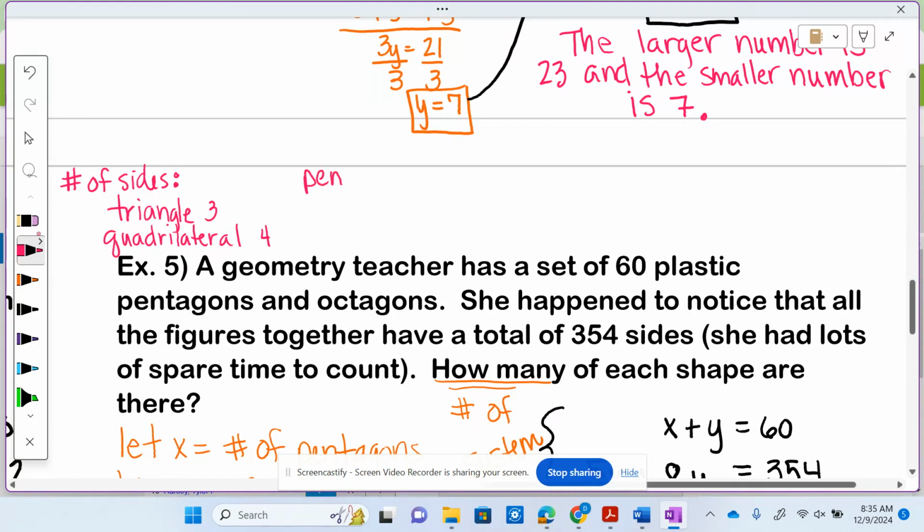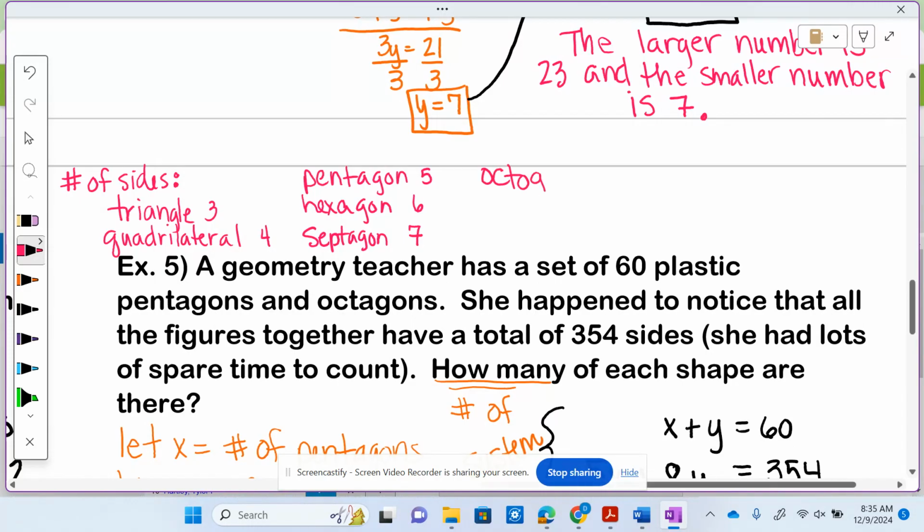Pentagon has how many sides? Hexagon has how many sides? You guys would never get this, but a septagon, 7. Yeah, weird. I know.